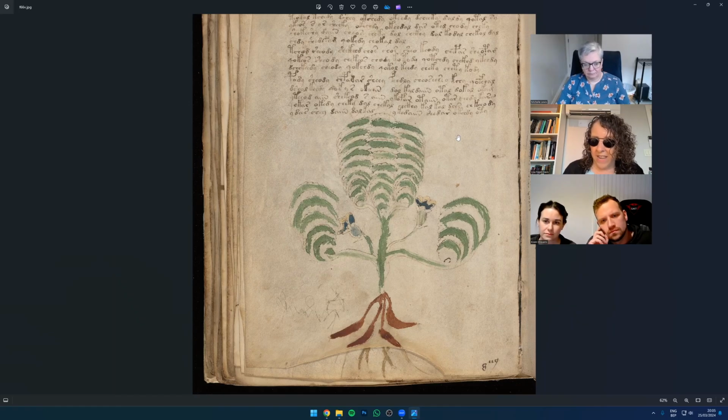This isn't scribe 1. Scribe 5 writes in B dialect. We know that this is clearly a B page. And so again, to me that is more evidence that the scribes are in fact illustrating the pages that they've written.